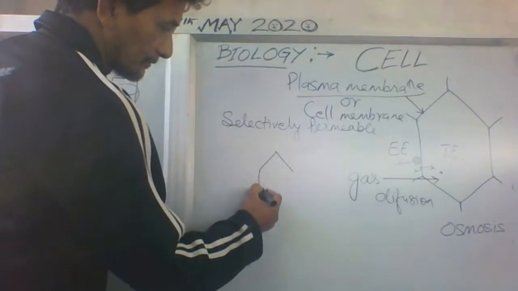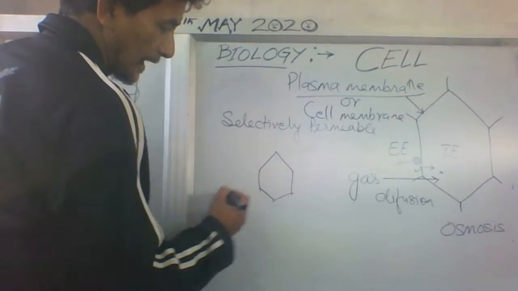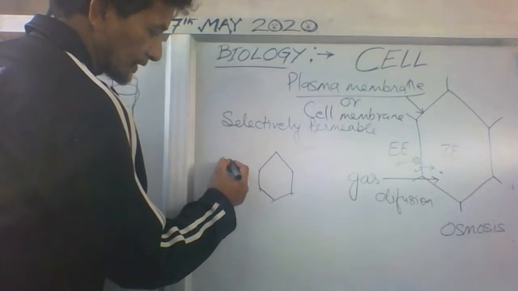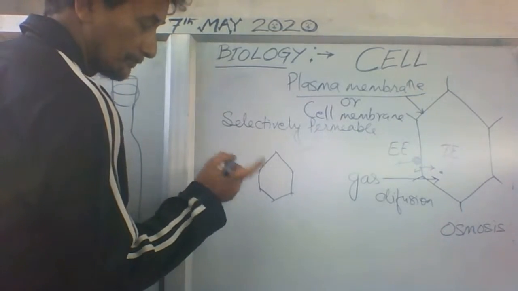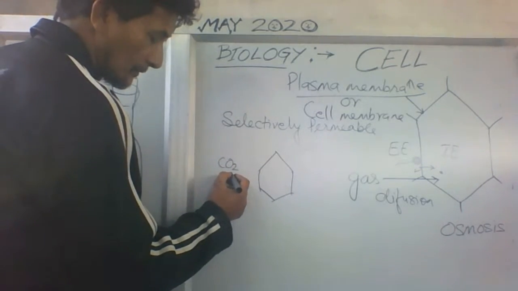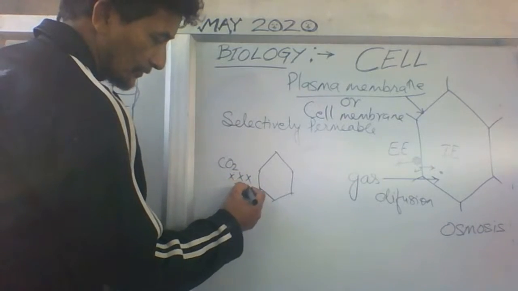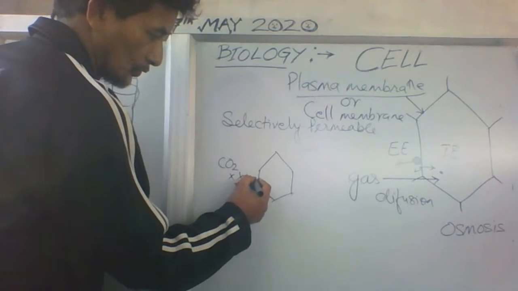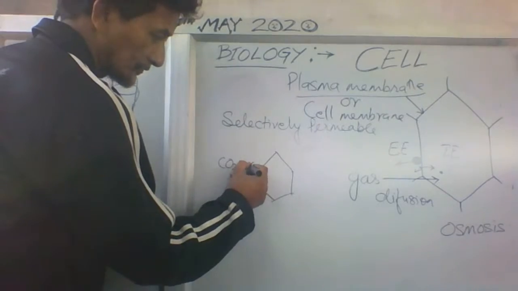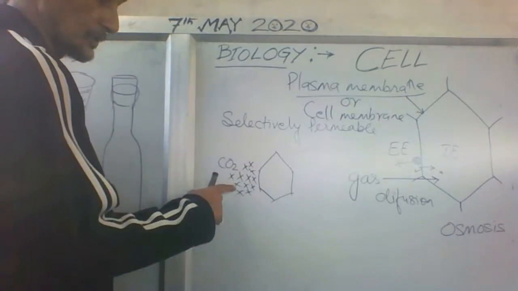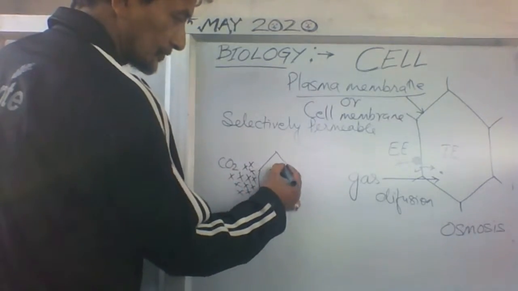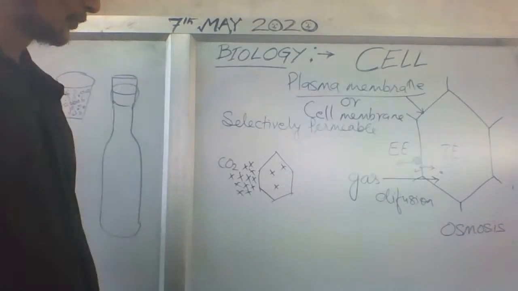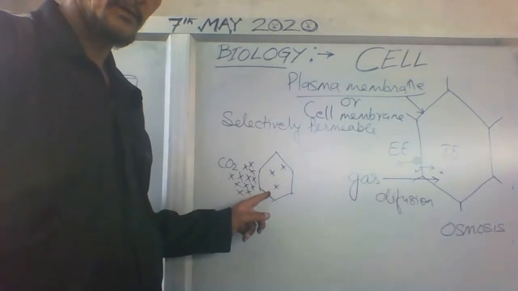Suppose this is a cell, and the CO2 concentration is being shown over here by crosses. This is the concentration of CO2 outside the cell, and this is the concentration of CO2 inside the cell.